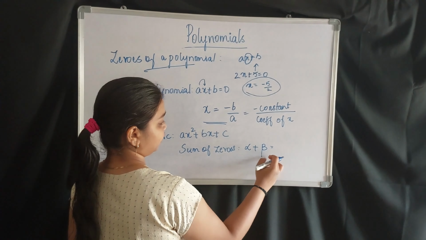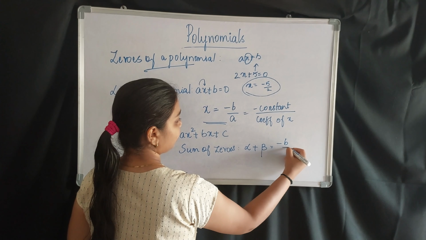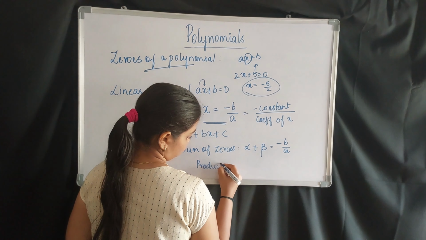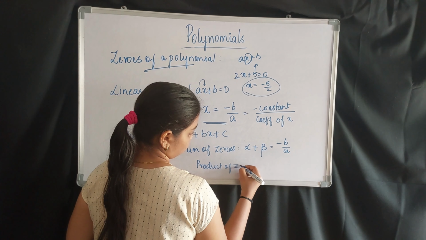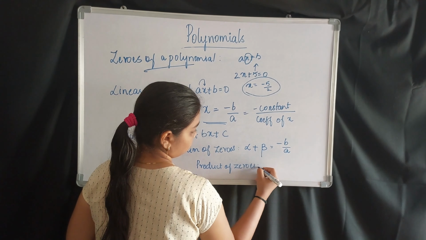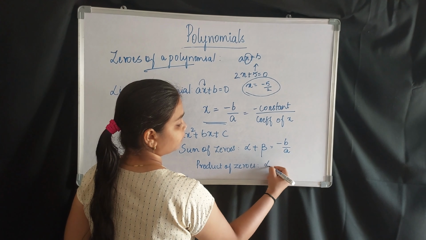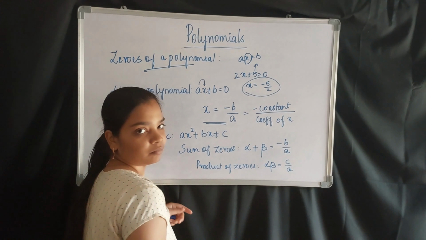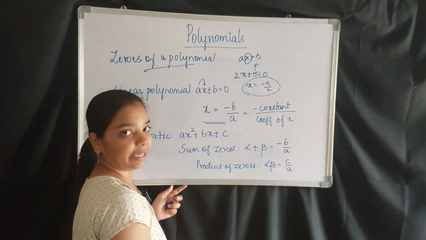So alpha plus beta would be minus b by a, and product of zeros would be c by a.